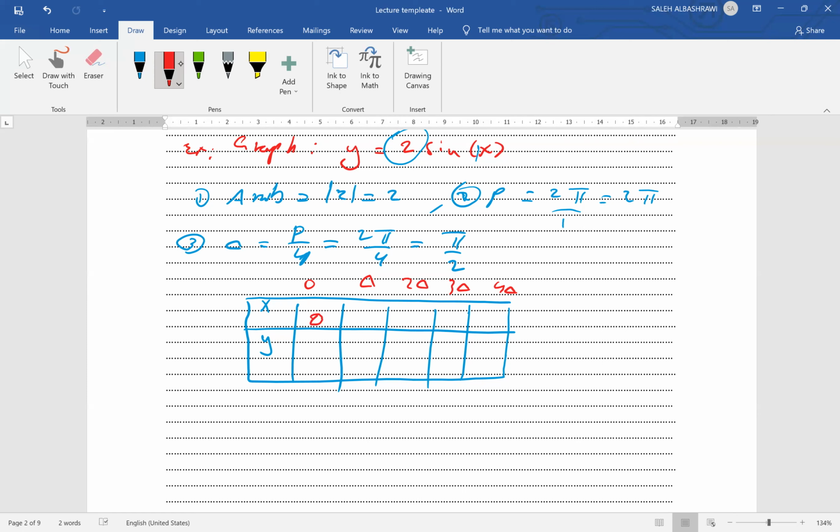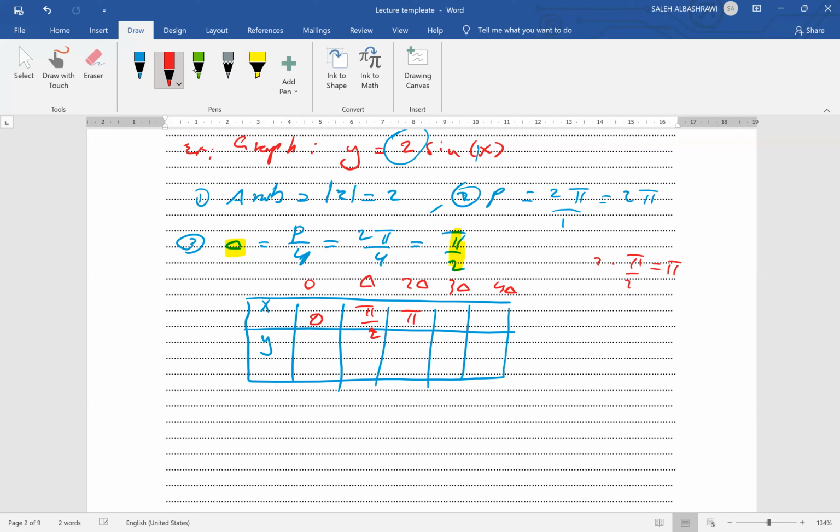For 1 delta, we know that 1 delta is pi over 2. 2 delta is 2 multiplied by pi over 2, which is 1 pi.